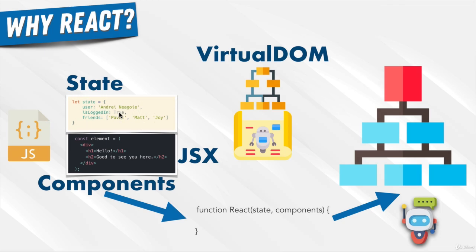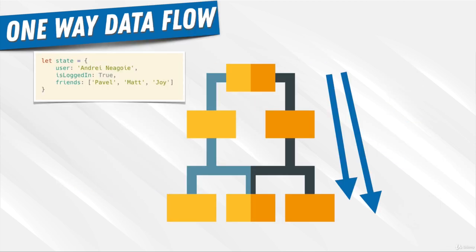And React, as soon as the state changes, reacts to that change and says, hey, the state just changed. Combine the new state and the components we have and update the DOM. You see, the data only flows one way. A better way to think about this is like this.